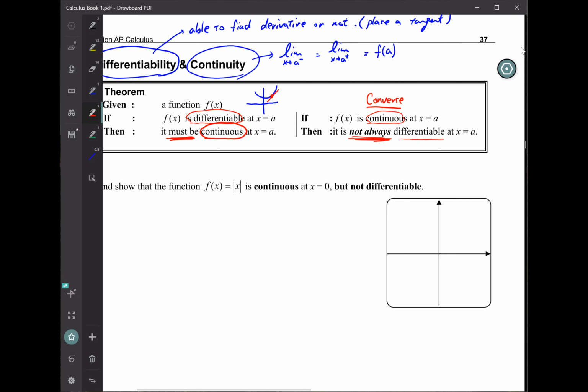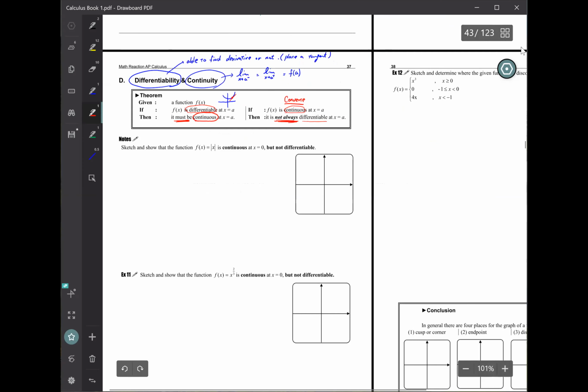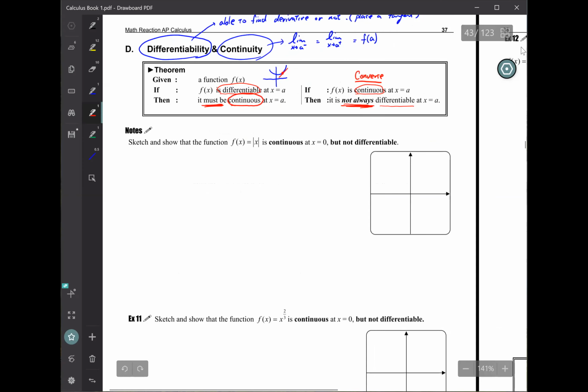Even though the graph is continuous, you still cannot put the tangent there at the point. We're talking about a single point. So the following two examples show the case: continuous, but not differentiable. Two things we need to show. First, we're gonna review how to check continuous, and then the new thing is to show how we show it's not differentiable, by calculation, not by the graph.